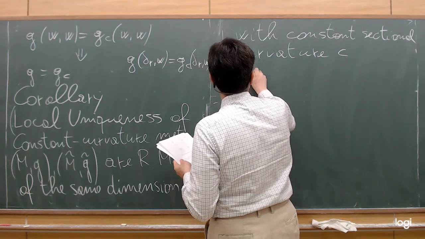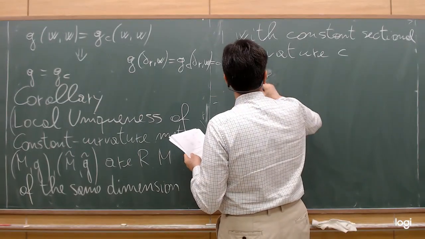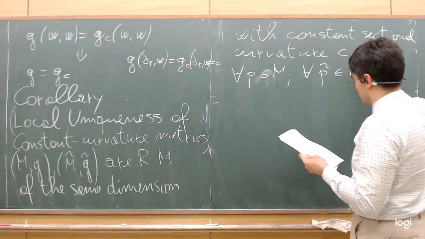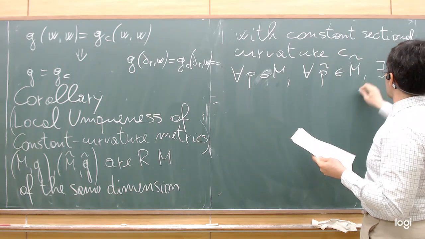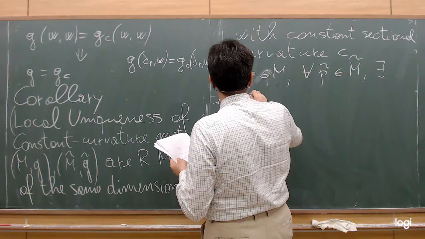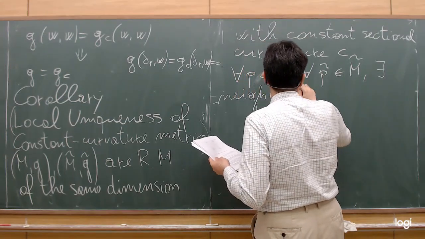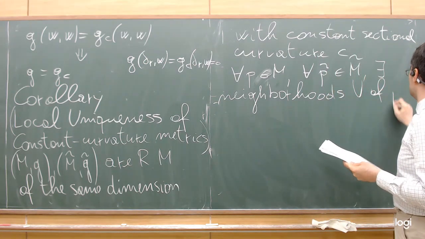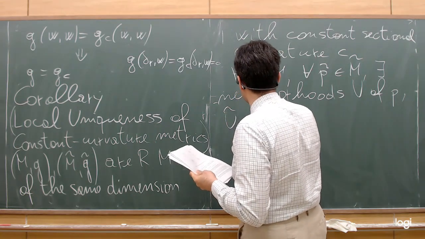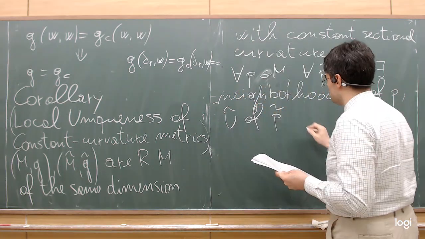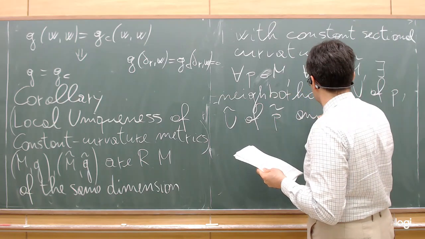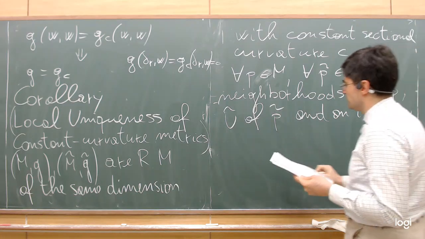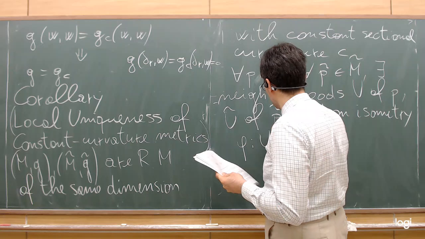Then for any P in M, for any P tilde in M tilde, there exist neighborhoods U of P, U tilde of P tilde, and an isometry phi between U and U tilde.